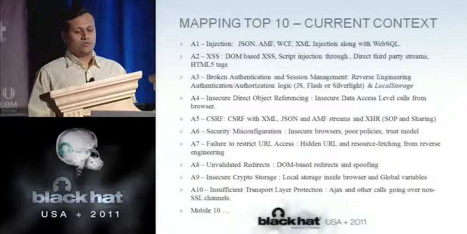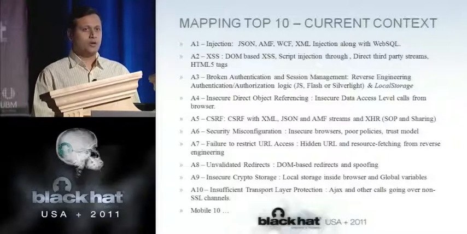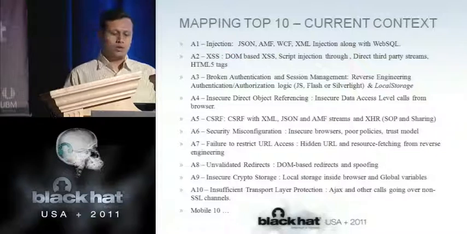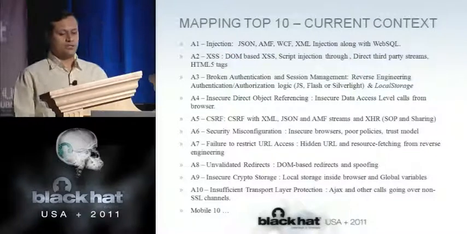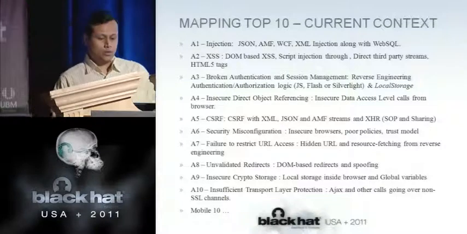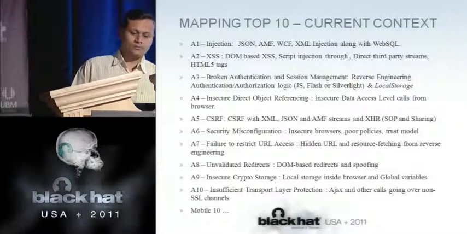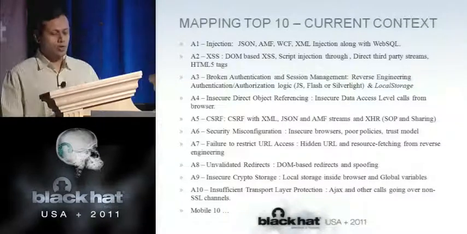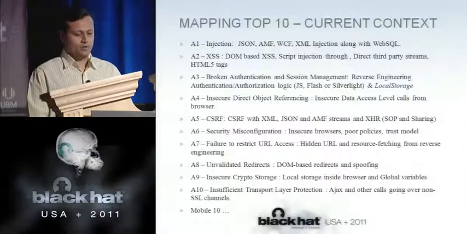Insecure direct object referencing is again pointing to a database layer, maybe directly accessed through a browser. CSRF with XML, JSON, AMF string, XHR; server security misconfiguration, trust model, as I discussed; hidden URL and so on. A8, where you have unvalidated redirects, where again a DOM-based redirect and spoofing is possible.